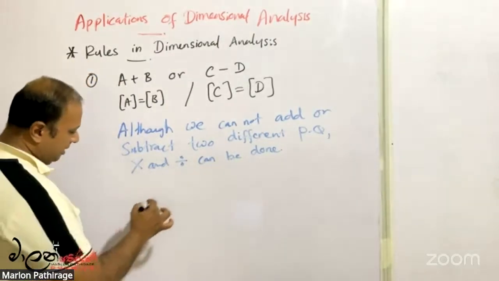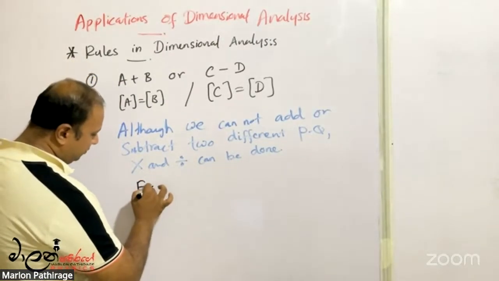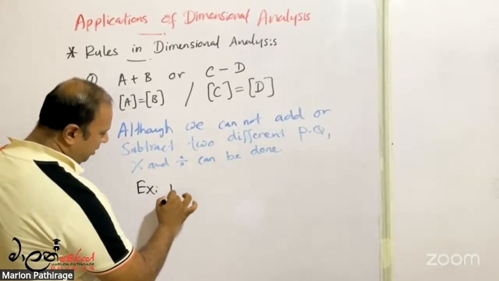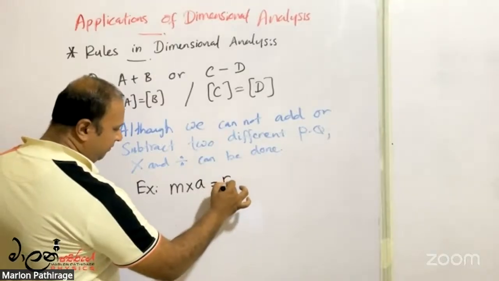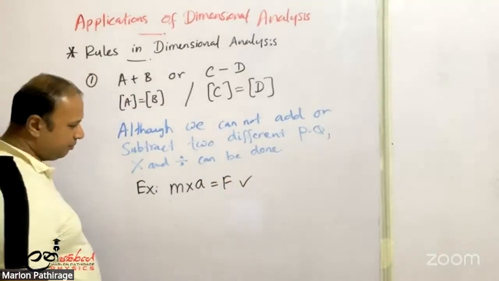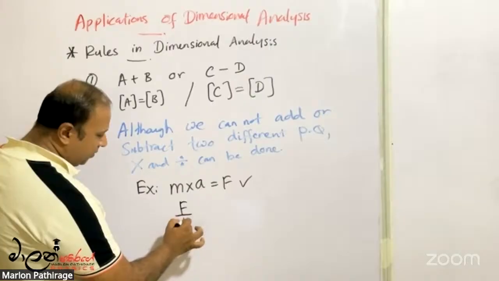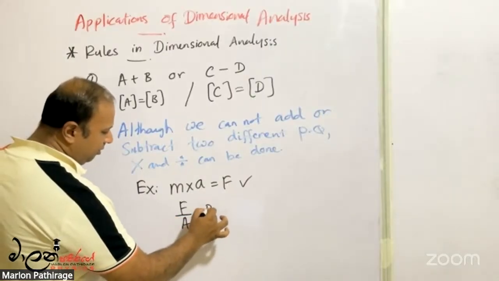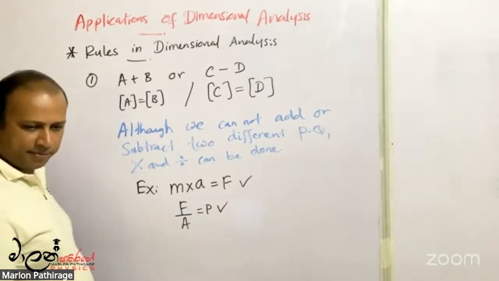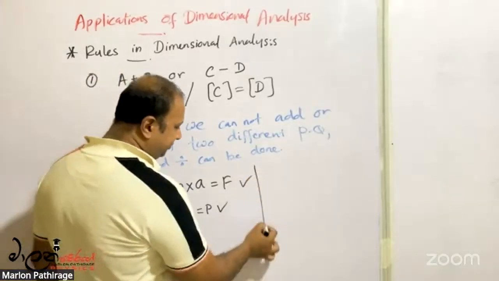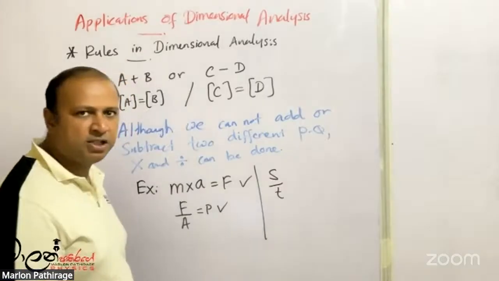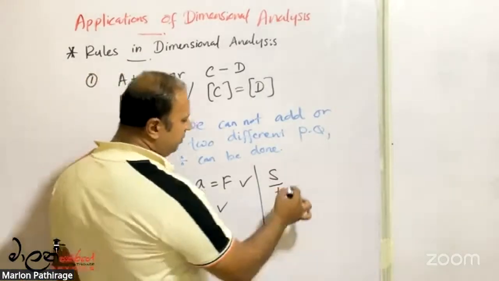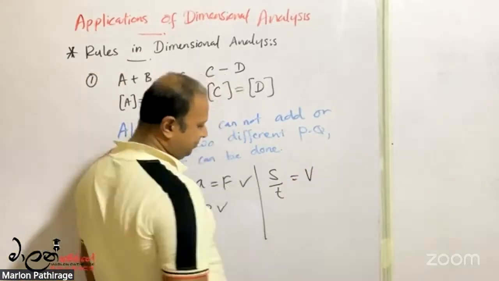As an example, if I multiply force into acceleration, that is force. This is okay. If I divide force over area, it will be pressure. If I divide S over time, that means displacement over time, it is equal to velocity.